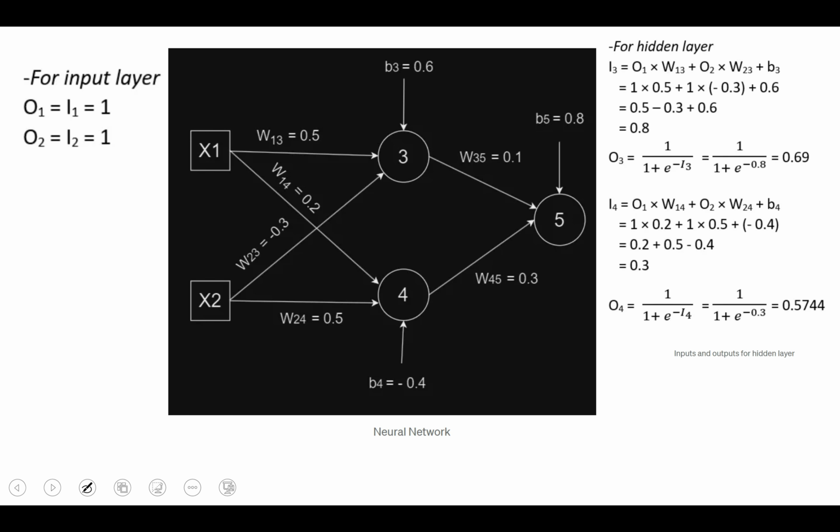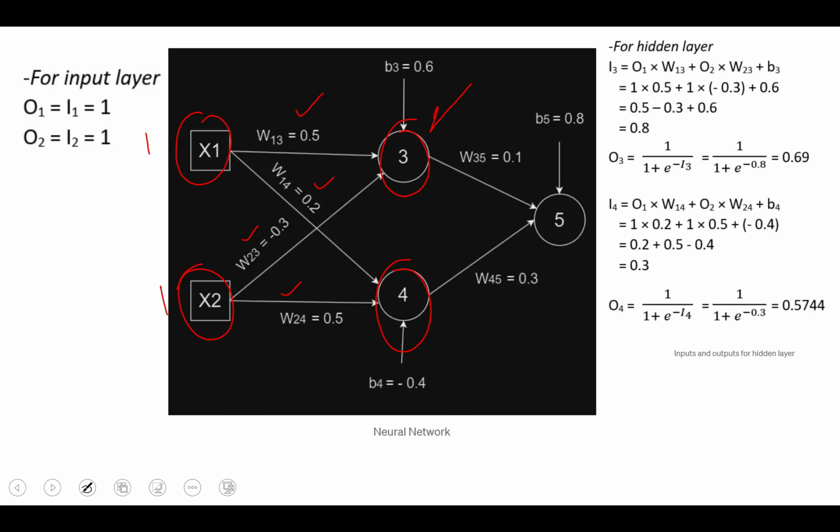So let's start with the evaluation for this neuron and this neuron, which are basically the neurons in the hidden layer. You know that these two are inputs, so we have taken the first row and 1 is the input. Weights are already given.